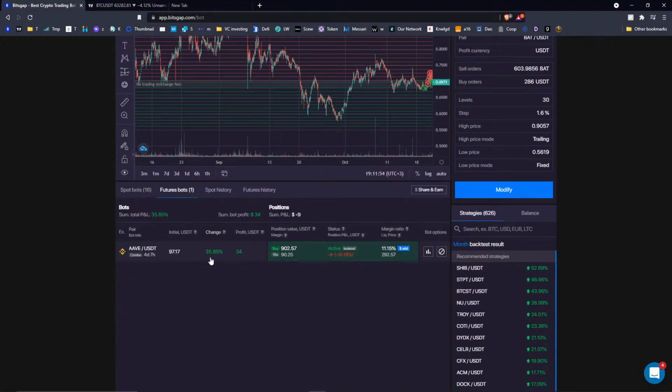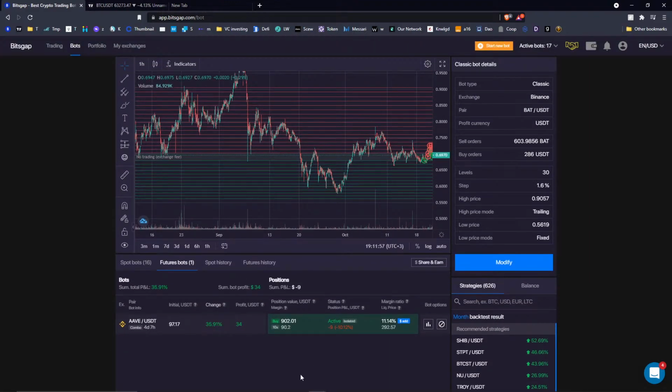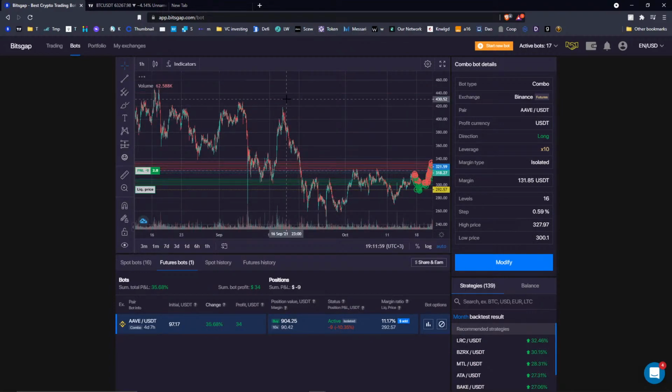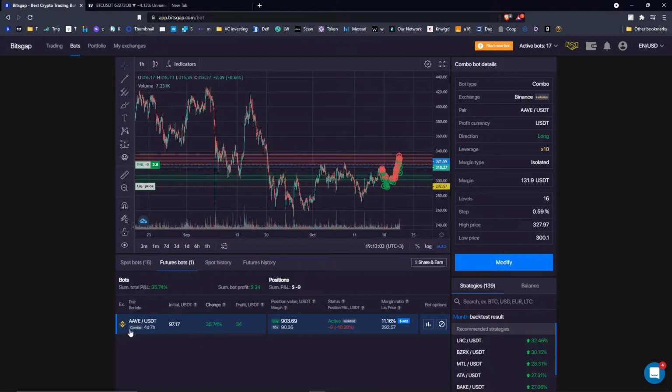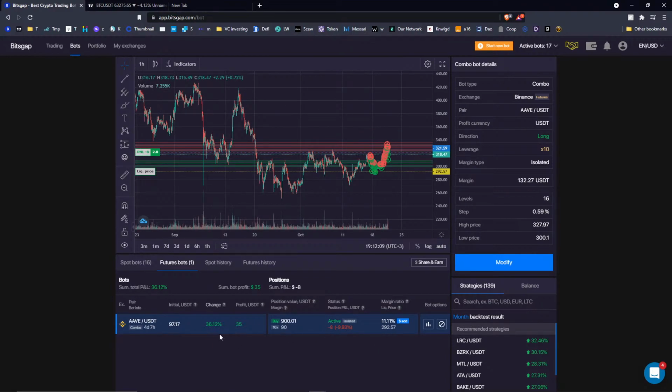But as of now, you have ComboBot, and the ComboBot trades futures contracts. Like you see here, I have my bot trading on Aave to USDT with 10x leverage. So I allocated $97, but it is trading a contract worth $900.